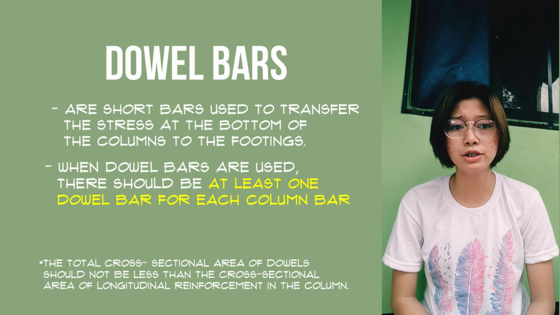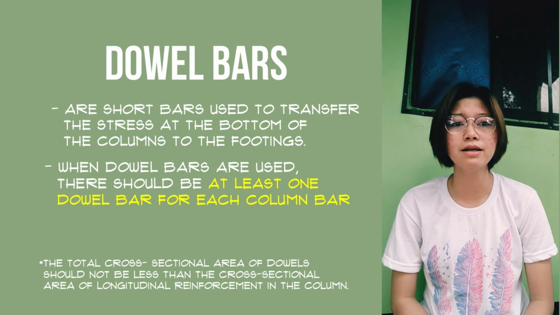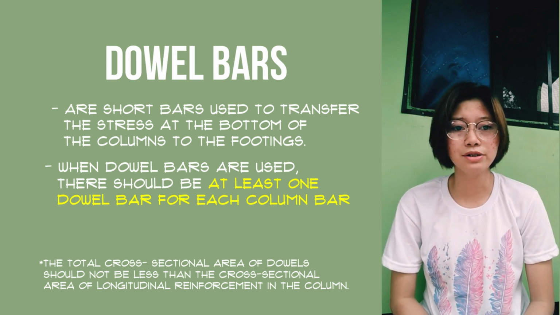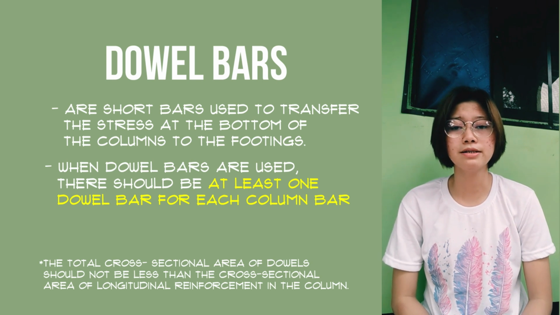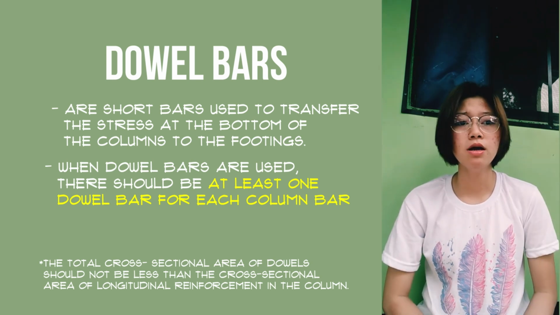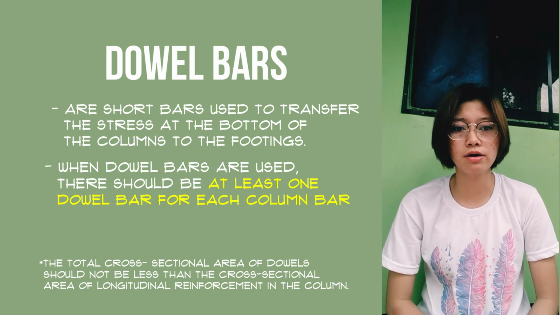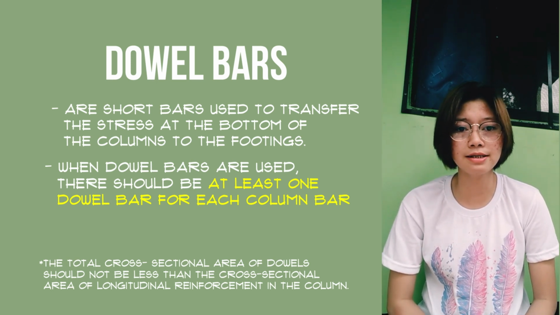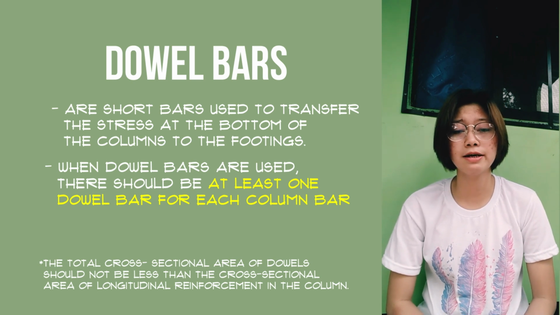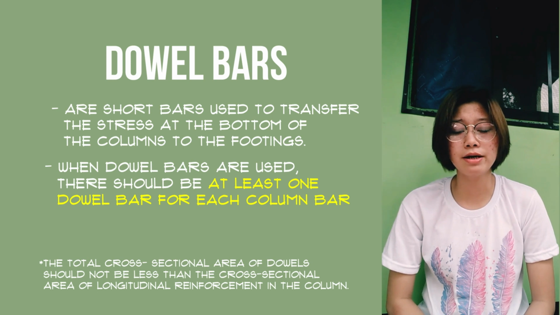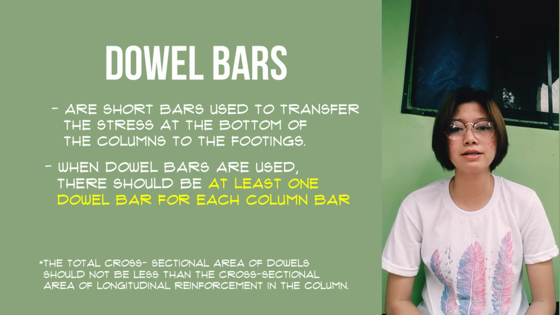The total cross-sectional area of dowels should not be less than the cross-sectional area of longitudinal reinforcement in the column. The dowels shall extend into the column and into the pedestal or footing not less than 50 bar diameters for plain bars or 40 diameters for deformed bars.